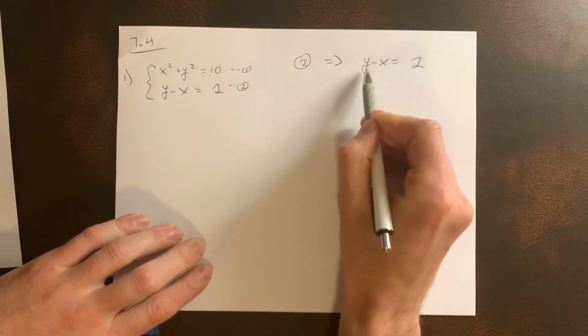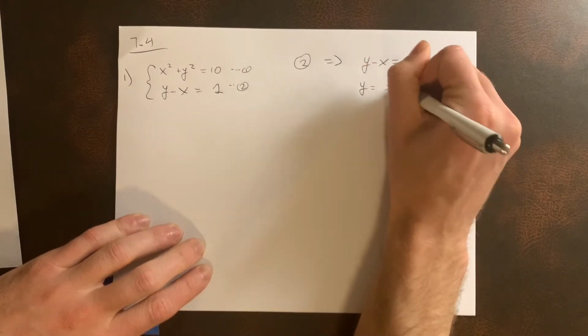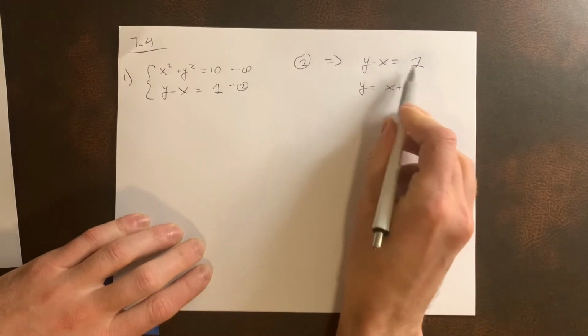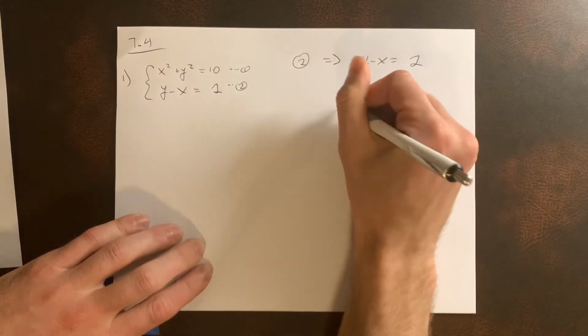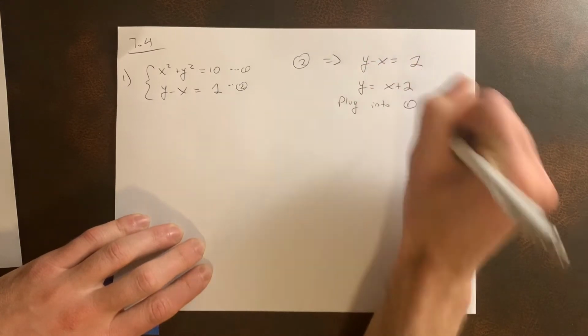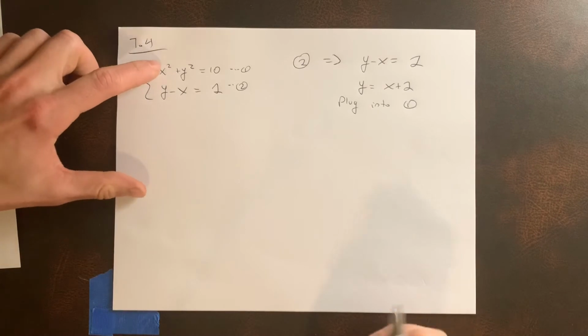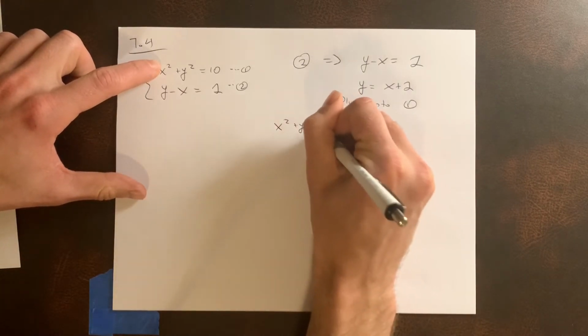We can easily solve for y here just by adding this x over, and we get y is equal to x plus 2. Now we can plug this into equation 1. Let's rewrite equation 1 again: x squared plus y squared is equal to 10.